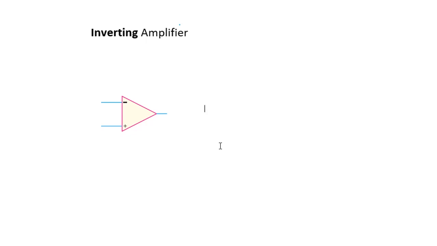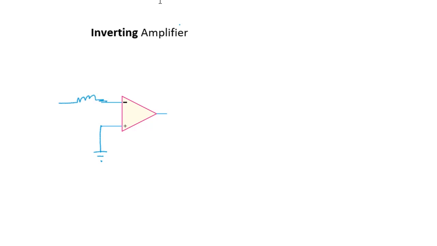Now let us discuss one of the very important applications of operational amplifier, which is the inverting amplifier. First of all, the circuit of an inverting amplifier. We have to connect the non-inverting terminal to the ground. Now an input resistance is connected to the inverting terminal.